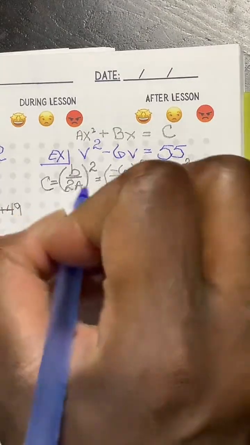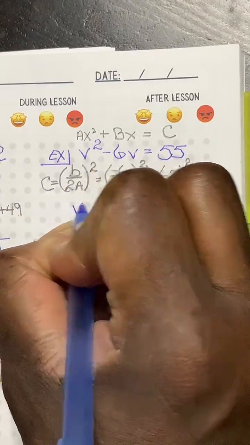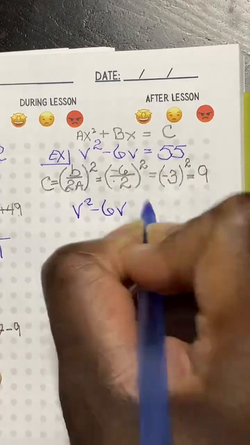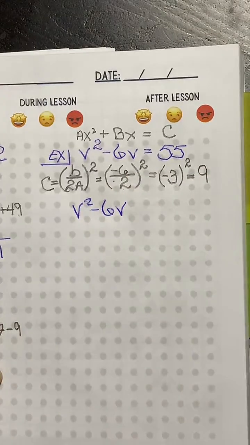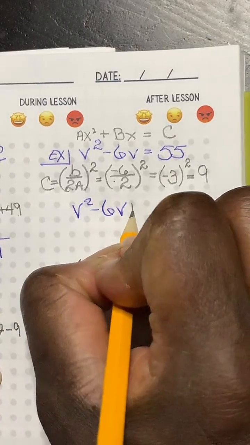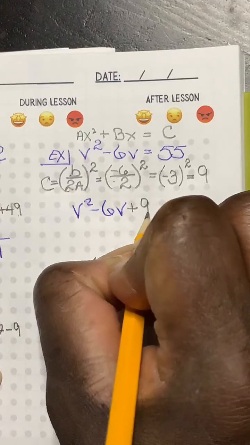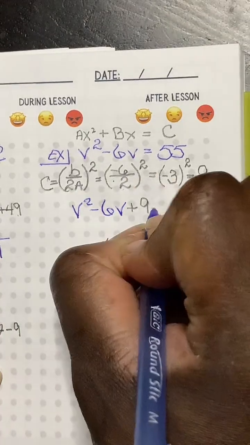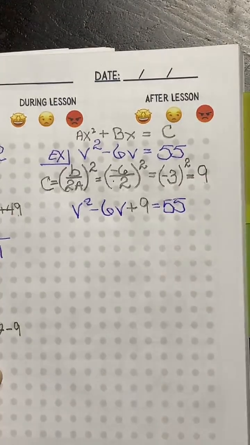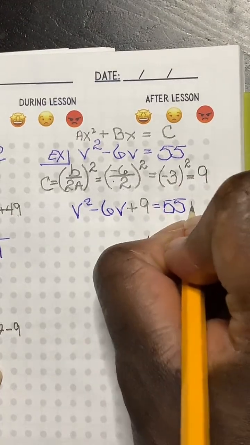So let's rewrite. So we have our v squared minus 6v. And we're going to add our answers. So that'll be plus 9 here. Bring down my equals 55. And we're going to add 9 here.